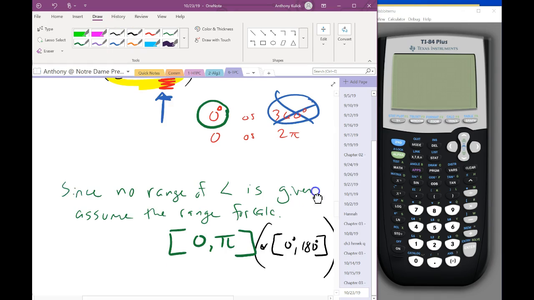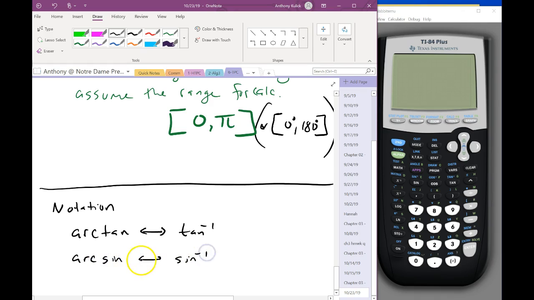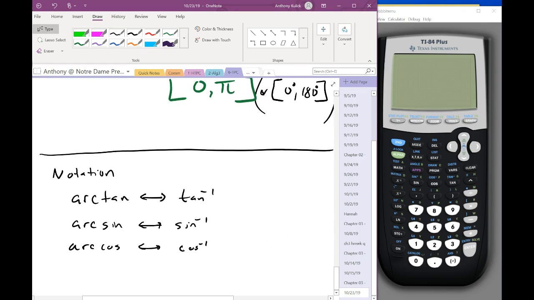Okay. All right. A little notation aside: we use the symbols arctan, arcsine, and arccos kind of interchangeably with the symbols tan inverse, sine inverse, and cosine inverse.